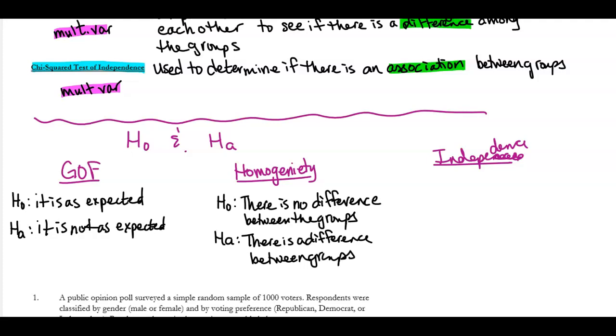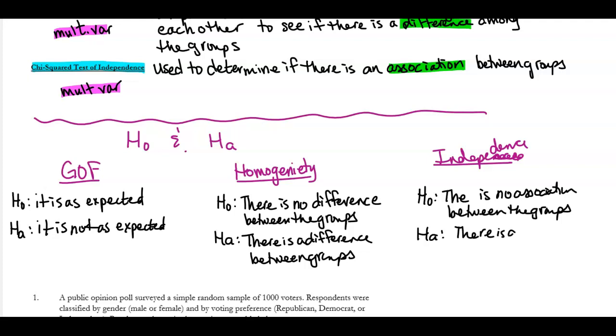And again, nothing to put in parentheses. It's just there is no difference and then there is a difference. And then the last one, we're looking for an association. So the Ho is there is no association between the two groups. And instead of groups, you would add your context there. And the Ha would be there is an association.